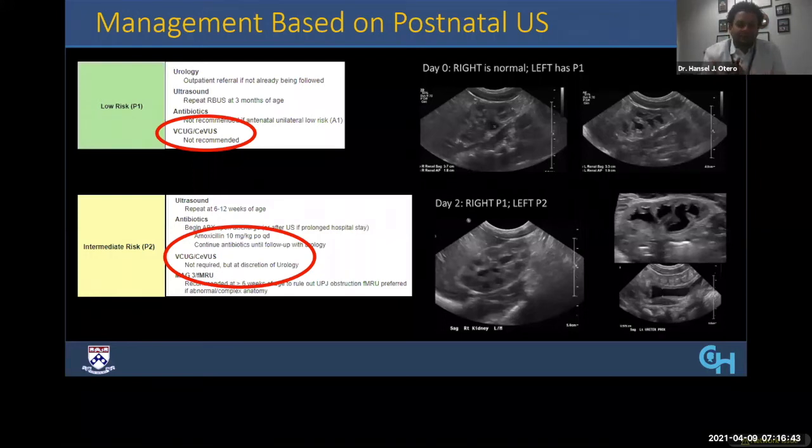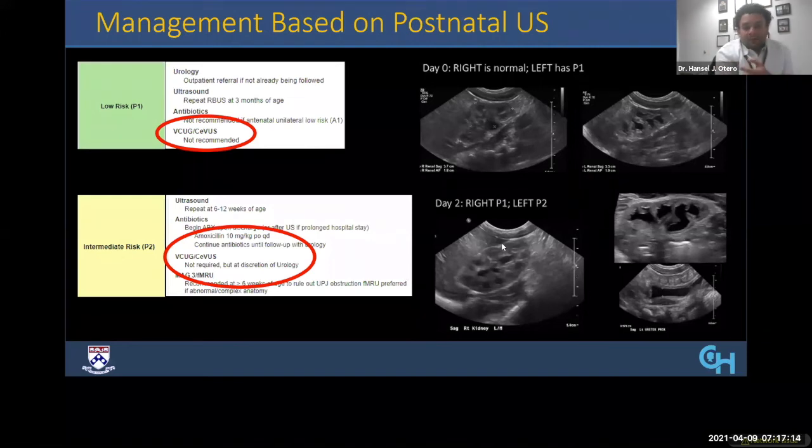It's also based on clinical findings, including if it's a male or female baby, knowing that female have more reflux. We also might consider if the patient is circumcised or not, and a lot of other things that the urologist and the neonatologist will know. But from the imaging point of view, with P1, we said no BCUG at all. With P2, we might need it.